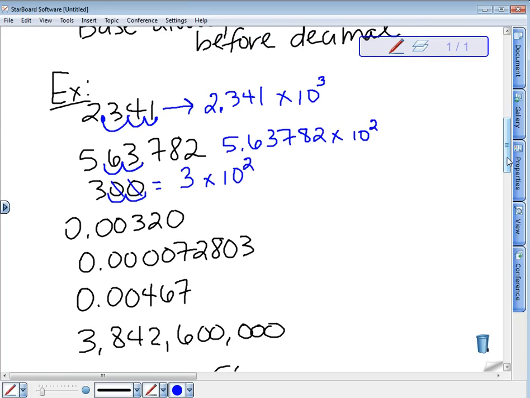Here I've got some numbers that are smaller than 1, so I'm going to be moving my decimal in the opposite direction, which means that my exponent is going to start being negative. Here I've got to move my decimal 1, 2, 3 places, so I'm going to have 3.20. This is a trailing 0 with a decimal, so it's significant and I need to include it, times 10 to the 1, 2, 3, negative 3.